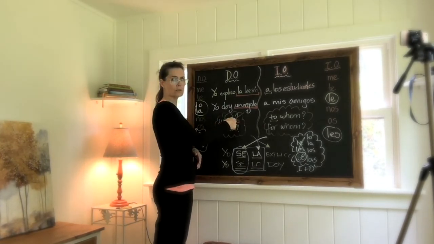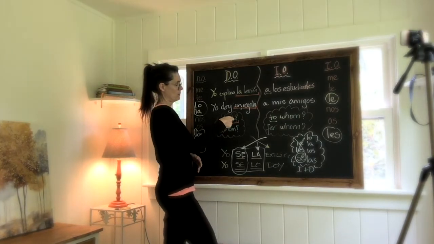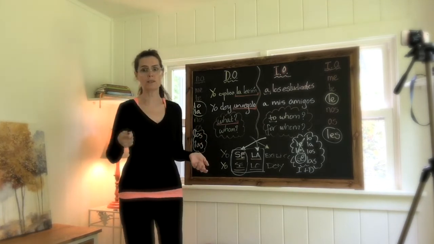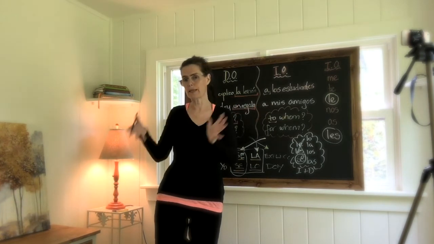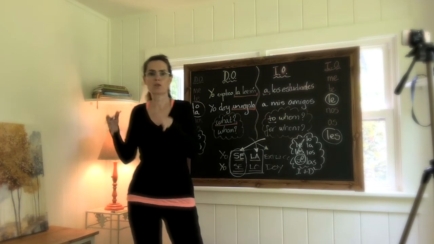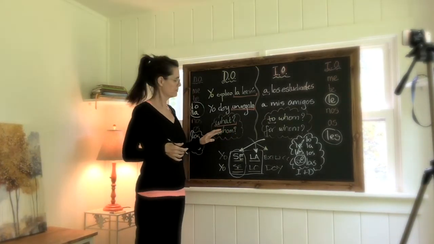What, okay? So that's how you know that you're talking about the direct object pronoun. What and whom. An example for whom would be, I see Maria, I see her. So whom do you see, Maria? Yo la veo, ¿no? Yo veo a Tomás, yo lo veo. Okay, so that would be the part that's whom.